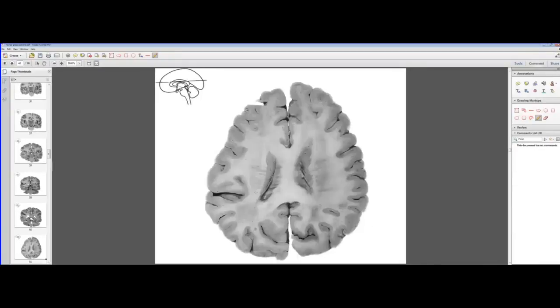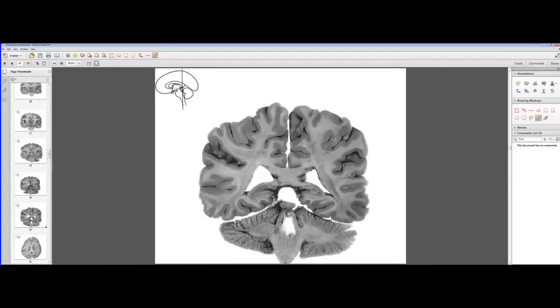All right, so now this is very posterior. There's not really much to show here, except look at the shape of the corpus callosum. Why is it so thick? The reason is because we're at the splenium. This is how you recognize the splenium of the corpus callosum, in that you know you're posterior.